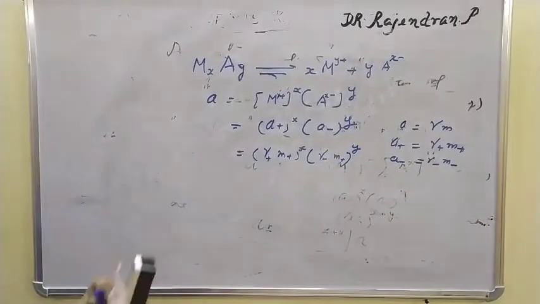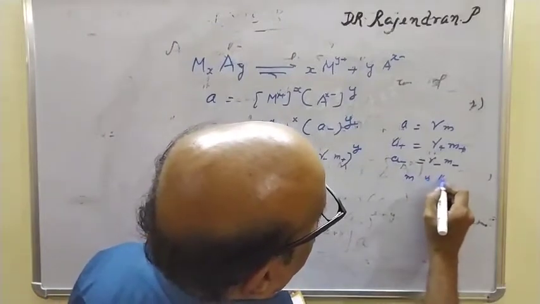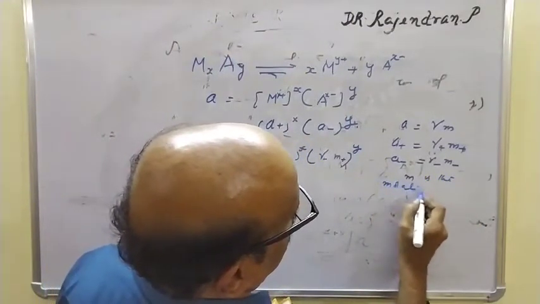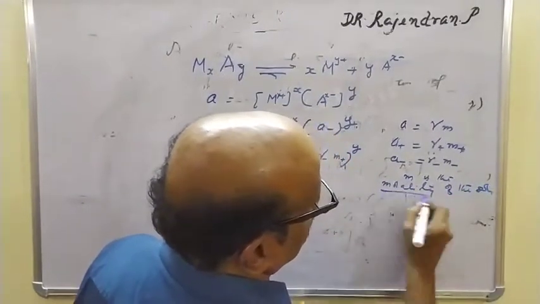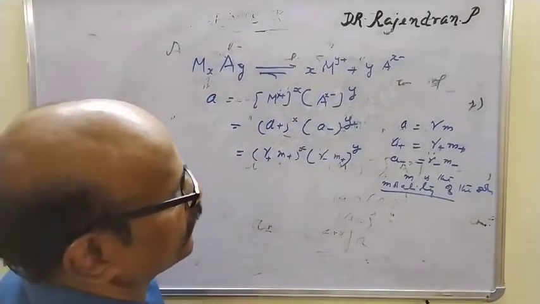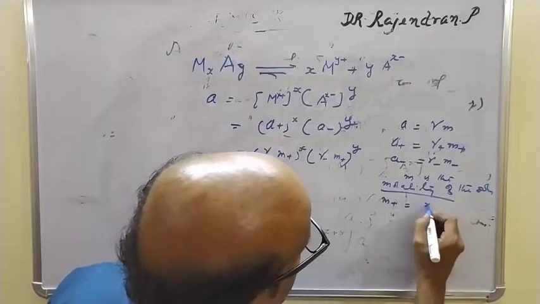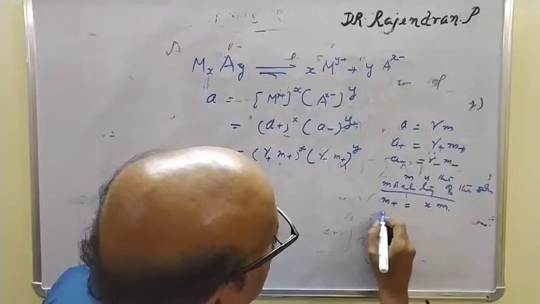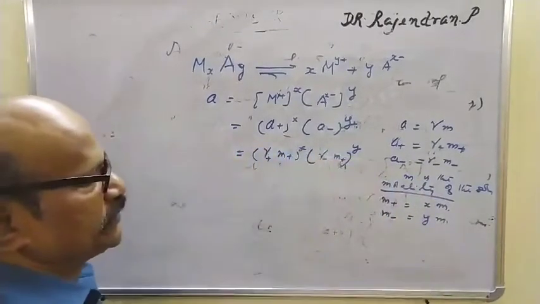Then suppose m is the molality of the solution, the stoichiometric molality. We have m plus equal to x into m, and m minus equal to y into m. This is a situation you have to remember.